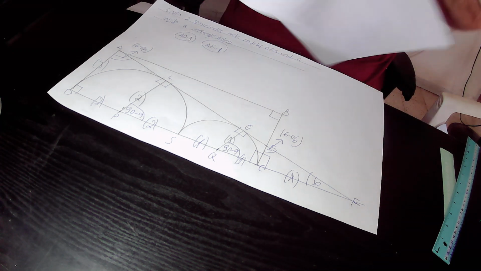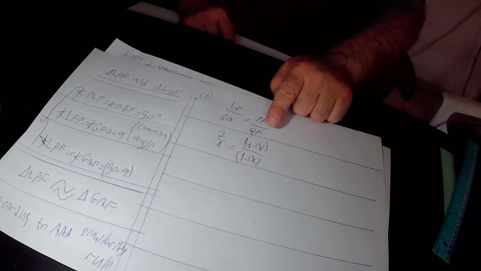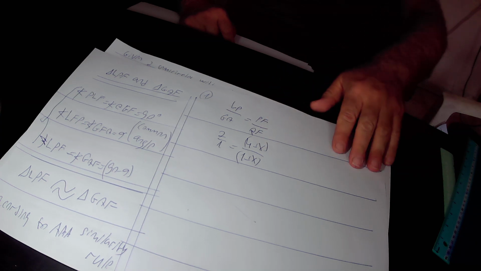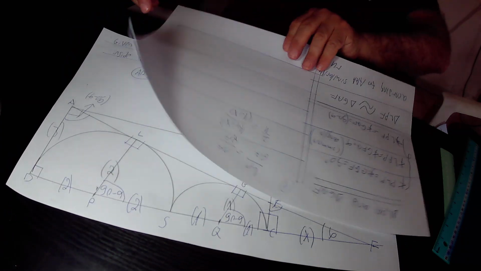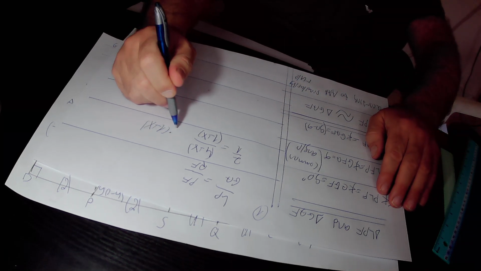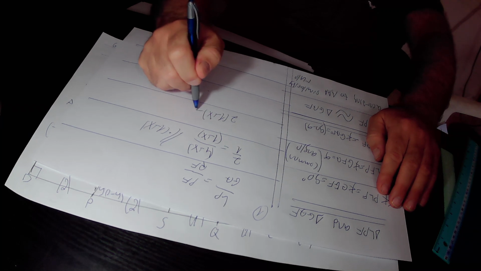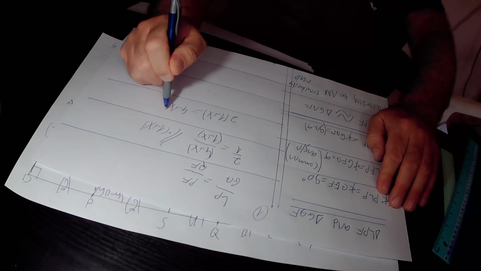So in conclusion, we find that 2 equals 4 plus x over 1 plus x. Here we multiply this equation by 1 plus x, and finally we get that 2 times 1 plus x equals 4 plus x.